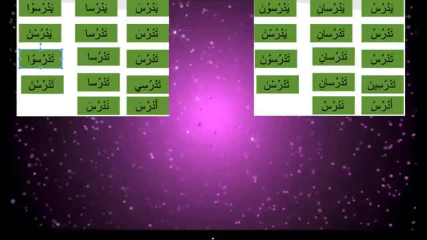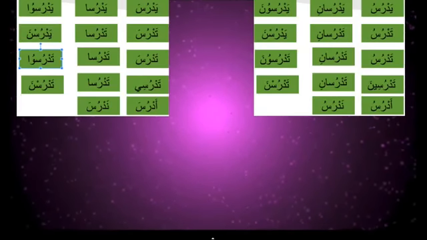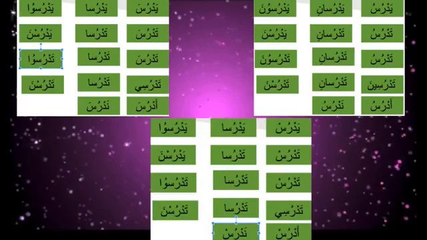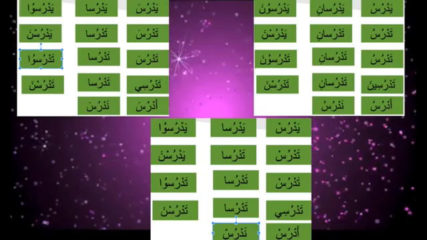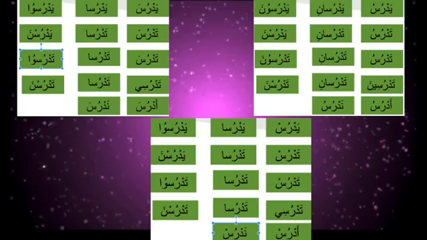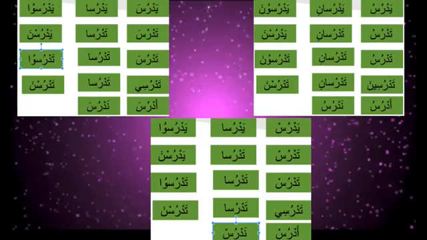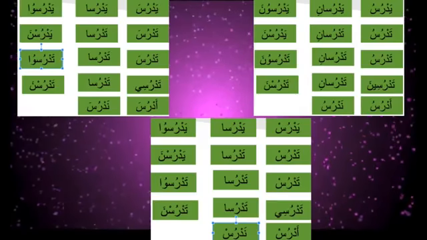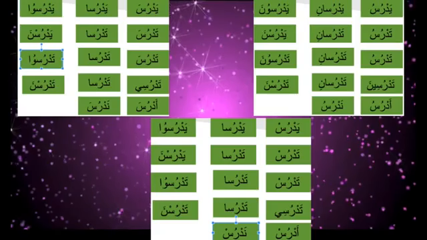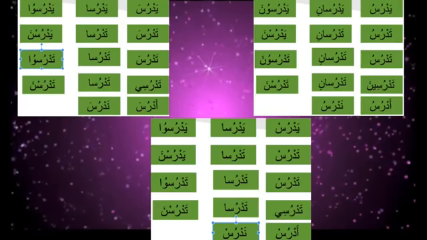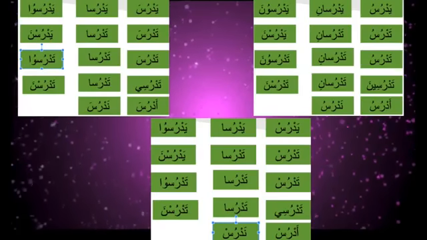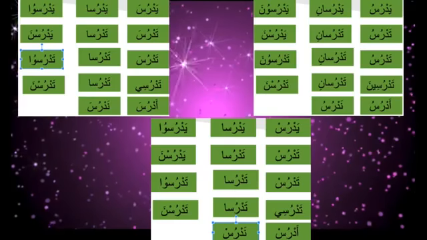So anta tadrus, tadrusa, tadrusa, tadrusuna, tadrusi, tadrusa, tadrusna, adrus, nadrusa, and here we have majzoom with the sukoon, tadrus, and the mabni and noon group. I hope you can now recognize that the mudari' marker and the presence of noon or dhamma will give the marfu' status of the fi'l, and the mudari' marker along with the fatha and the sukoon or the removal of the noon will give the condition of mansub or majzoom.